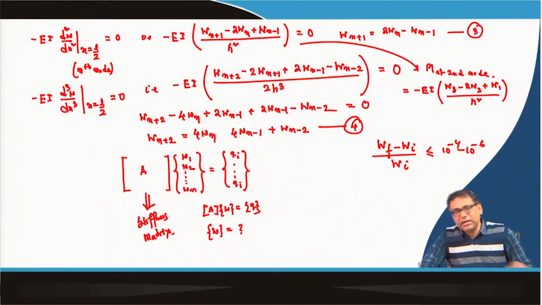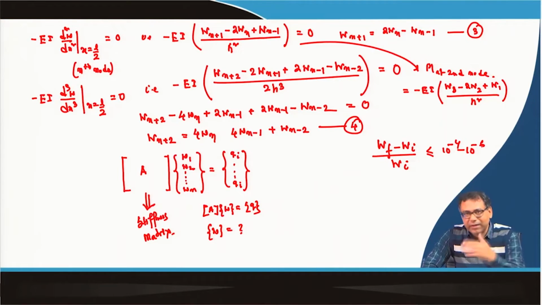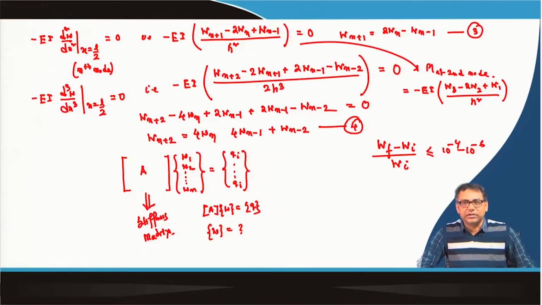So, if it is within that tolerance limit, you choose the h accordingly. Understand? That means you have to increase the divisions and your h value will reduce, and you will find that after a certain increase of divisions, your deflection value will not change significantly, or it is within a tolerance limit. So, you decide the h value at that point. That h you have to consider for all other calculations.